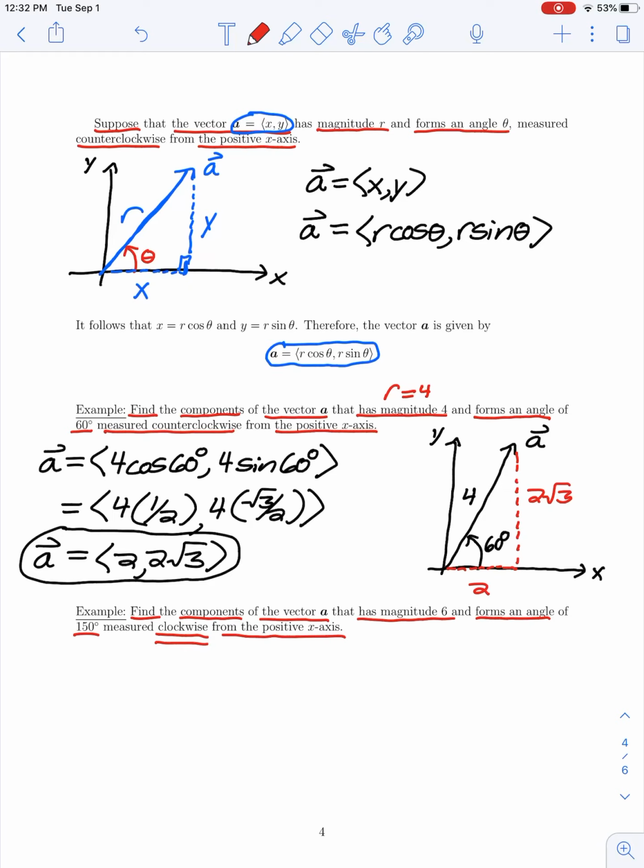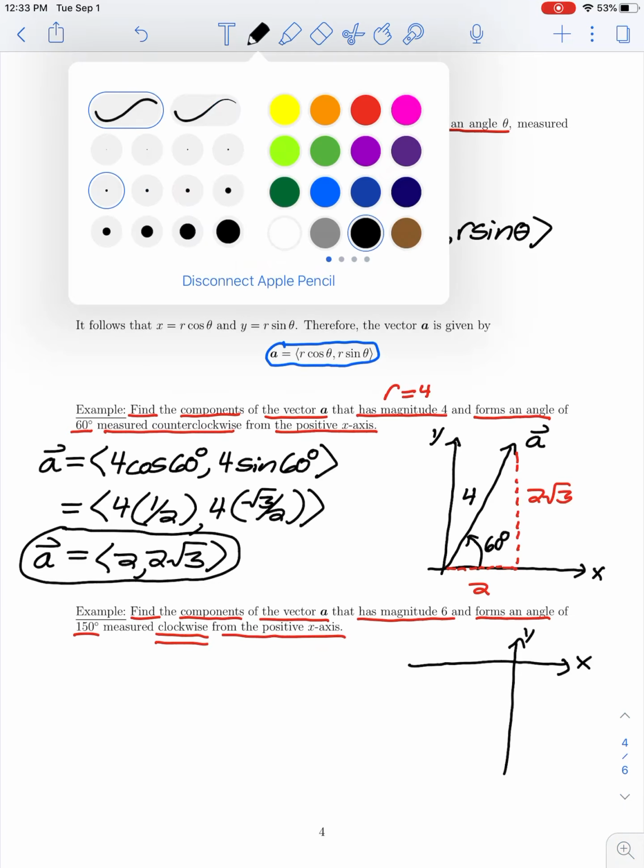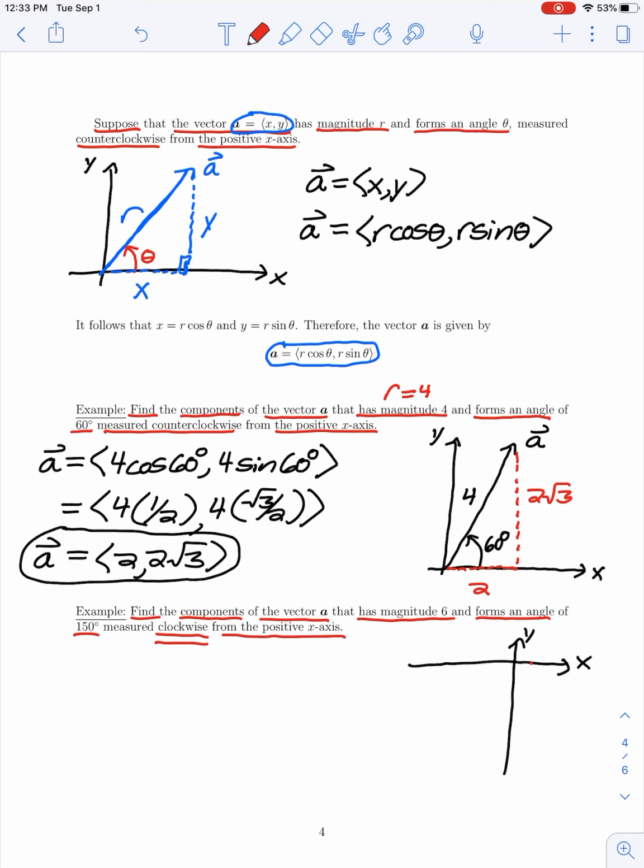So let's visualize this. We have in our xy plane a vector of magnitude 6, which forms an angle of 150 degrees but measured clockwise from the positive x-axis.